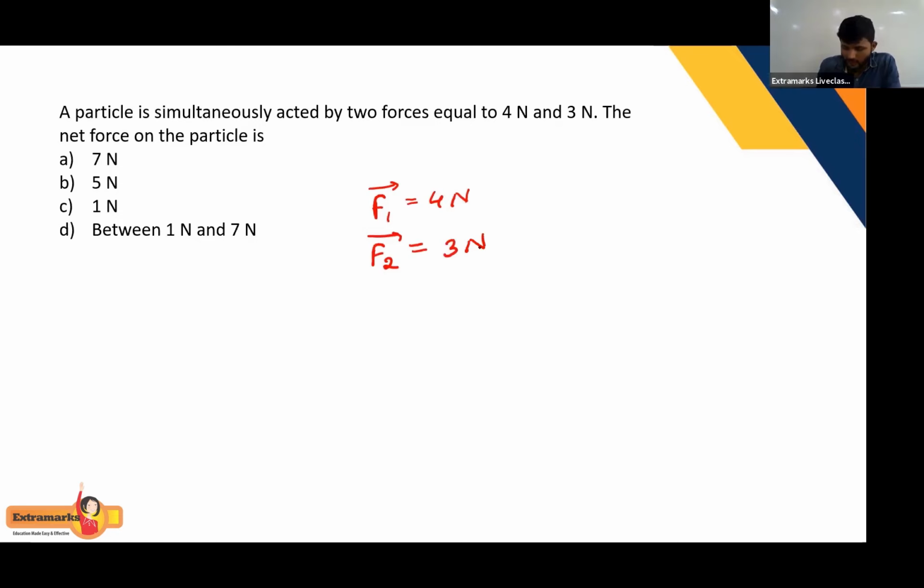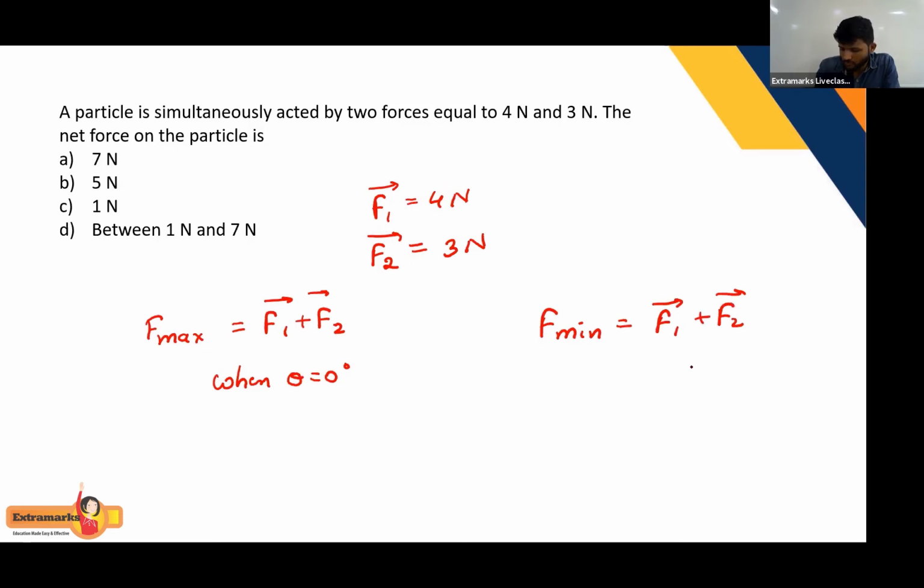Just now we have discussed the maximum force of F1 and F2 can be when theta equals 0 degree, and minimum force of F1 and F2 when theta equals 180 degree. Means F minimum magnitude wise will be F1 minus F2, and maximum can be written as F1 plus F2, right? Magnitude.